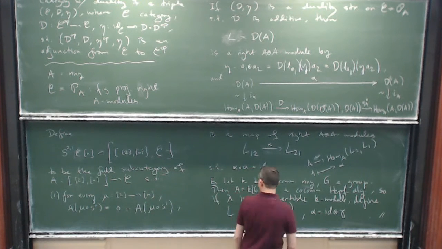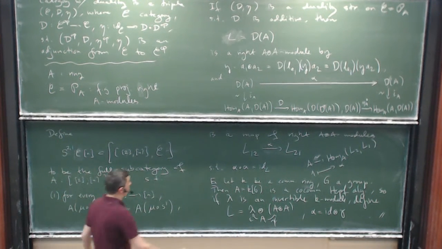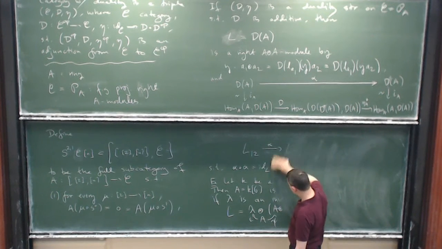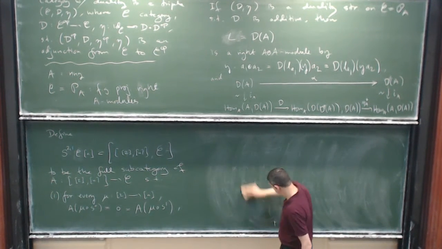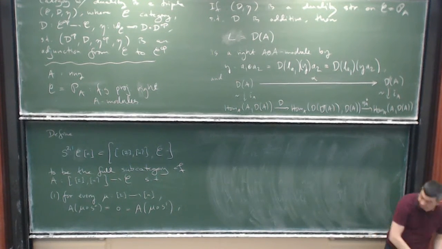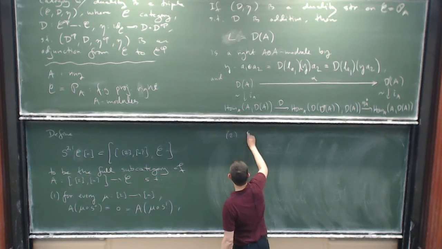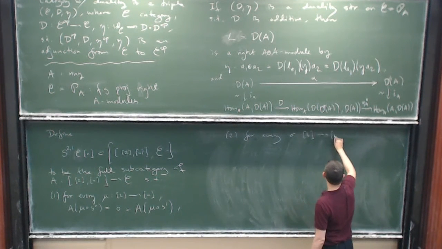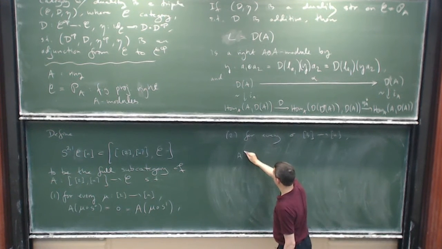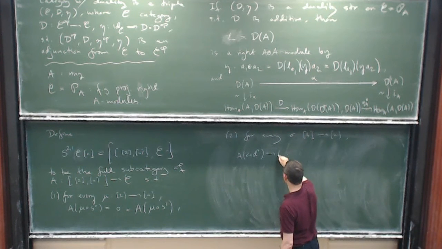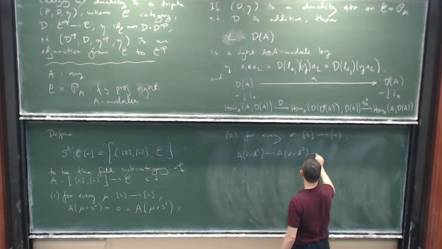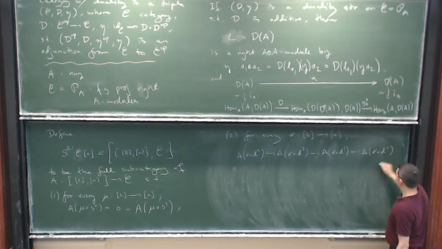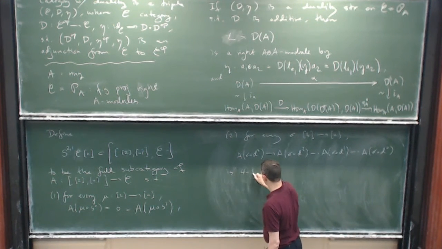And the second requirement, for every sigma from 3 to n, the sequence here is 4-term exact.